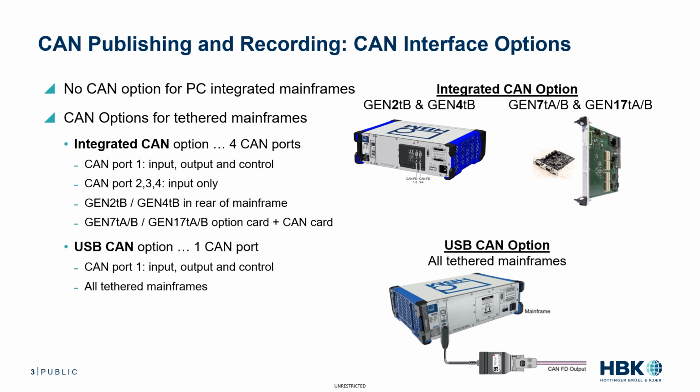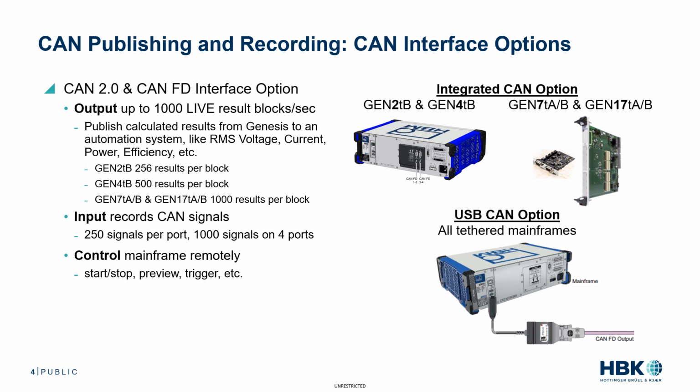Now, the first CAN port records CAN signals, outputs CAN signals like calculated results, and offers mainframe remote control. On the integrated option, you can also record CAN signals on ports 2, 3, and 4. On port 1, you can output up to 1,000 live result blocks per second.